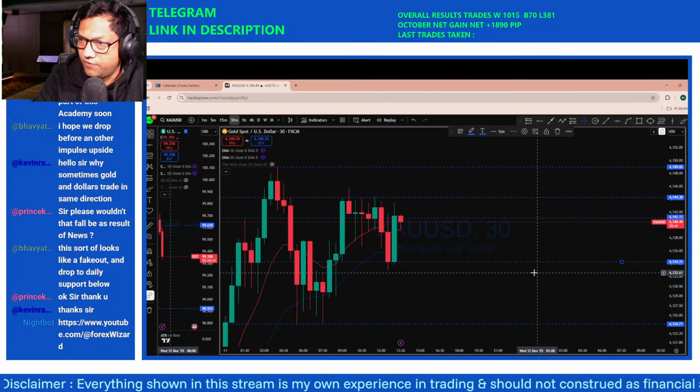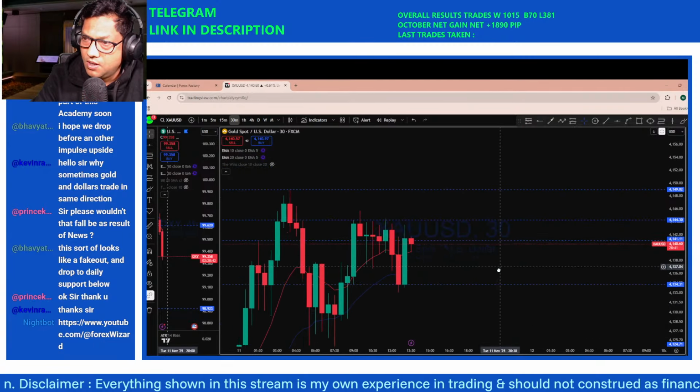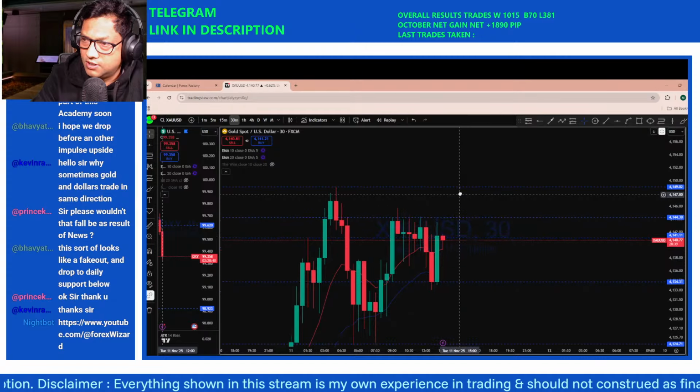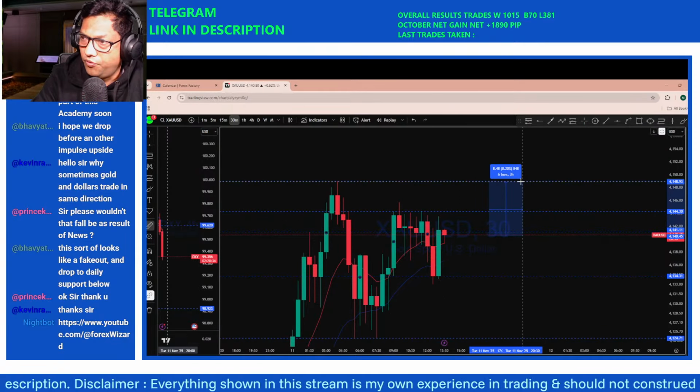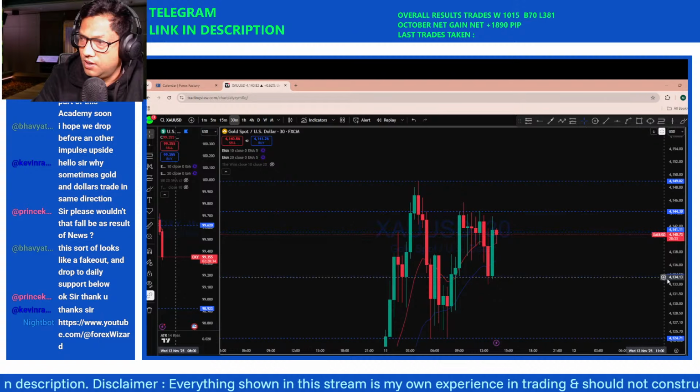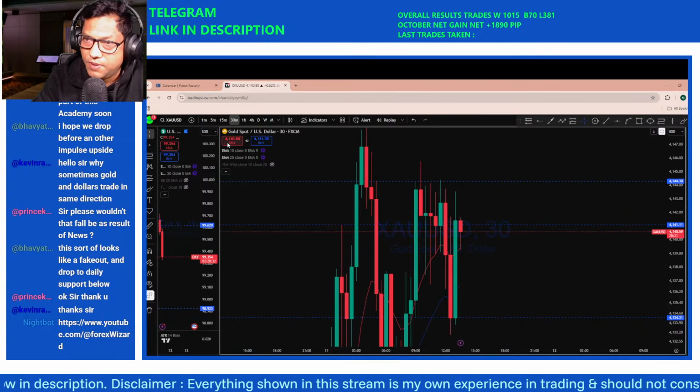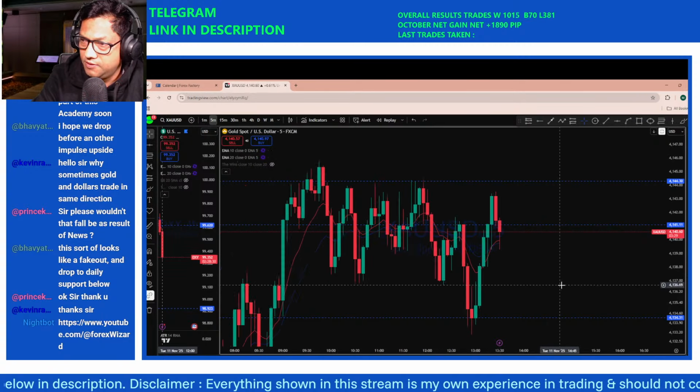Looking at multiple time frames, we see that there is a possibility for at least another short-term bounce back above, to fill around an 80 to 90 pip to 100 pip move back above here.